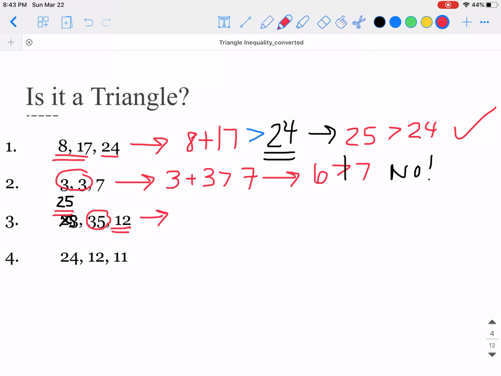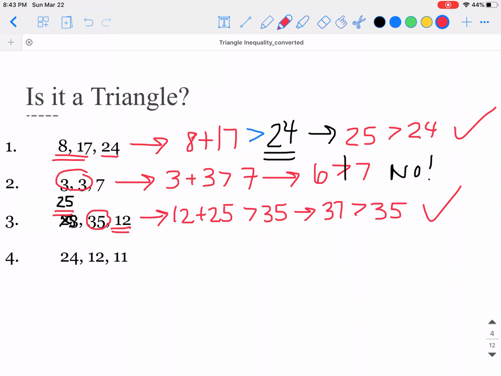So our inequality is going to be 12 plus 25 is greater than 35. 12 plus 25 gives us 37. 37 is greater than 35, so this is a triangle.